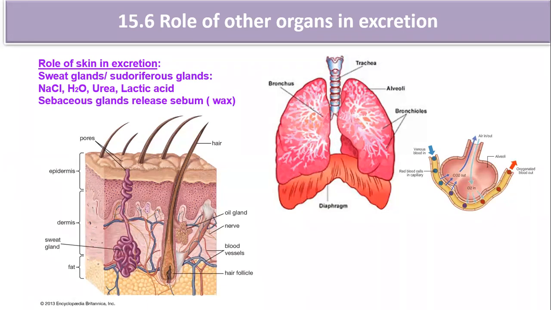During respiration, volatile substances, such as those from spices and other foodstuff, can also be lost through the lungs.